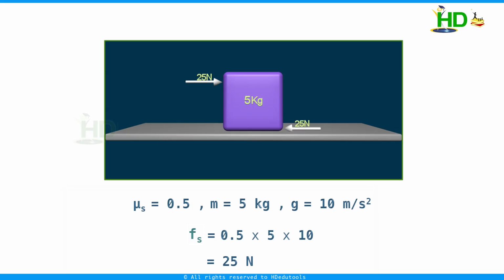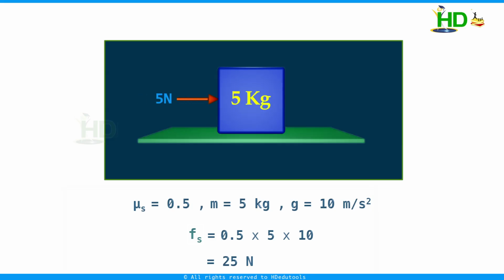In this case, the body starts moving. When it starts sliding, the frictional force will decrease. Why? Because the static frictional force converts into kinetic frictional force. That we discuss later.